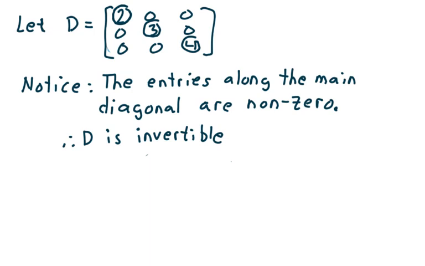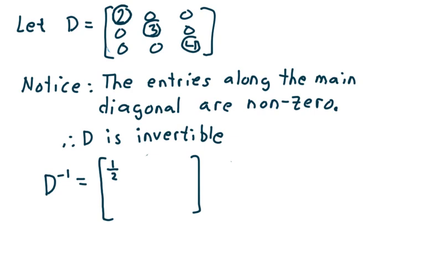And not only can we tell that it's invertible, finding the inverse is very straightforward. So if we want the inverse of D, here's what we do. Now, if we take the reciprocal of 2, we get a half. And so that's in the first spot. And so we're looking at the entries along the main diagonal of D inverse.